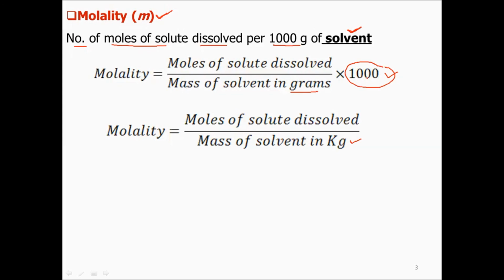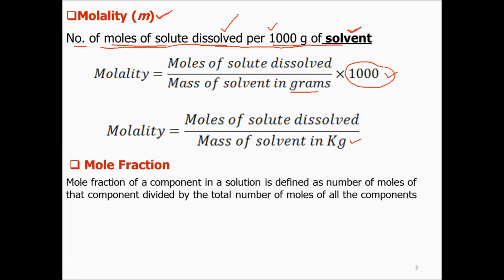Again I will repeat that instead of these formulas, please try to remember this definition, because all these formulas are derived from these definitions, and I will try to solve the numericals based on these definitions. You can also use formulas. It is up to you, whichever you feel comfortable with.